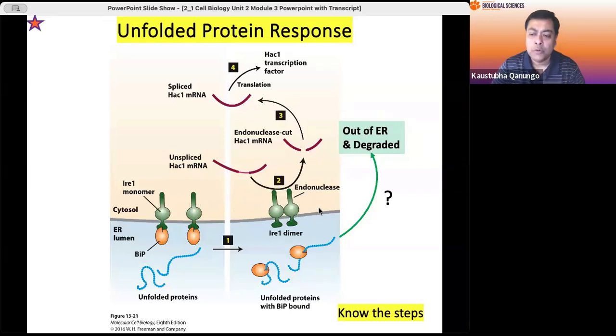So monomer to dimer. Now they are functional. So they have a part of them sticking out into the cytosol, and they actually splice this HAC1 mRNA.